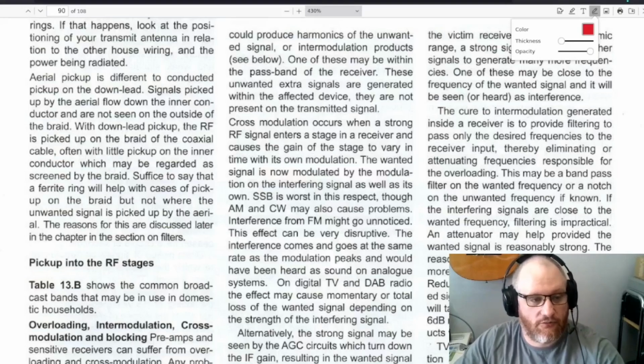One of the giveaways is that the interference comes and goes as the unwanted signal peaks. On analog signals it can be heard as sound, but with digital signals it would be a momentary loss of signal, or momentary scrambling of a frame of a TV picture, for example.